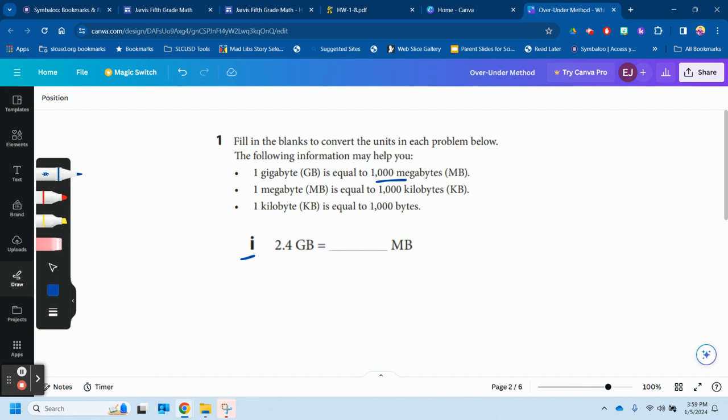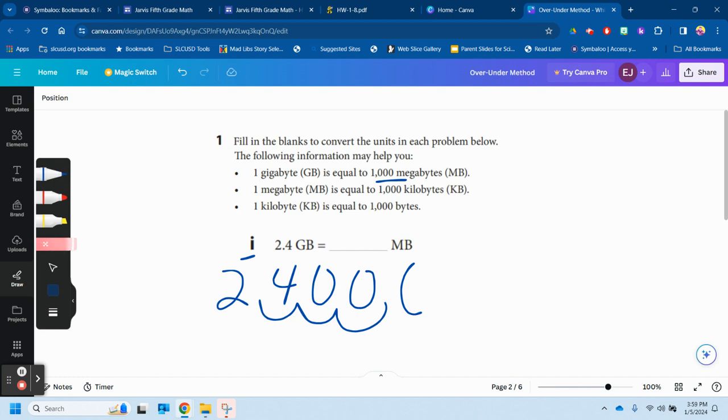So the way I have to think of this is really moving the decimal point. So I have 2.4, 3 places to the right. 1, add a 0. 2, add a 0. 3, don't need to add a 0. So it's 2,400. Okay. That is correct.